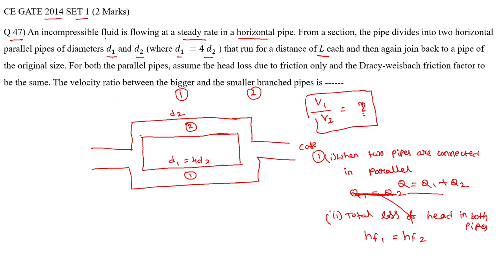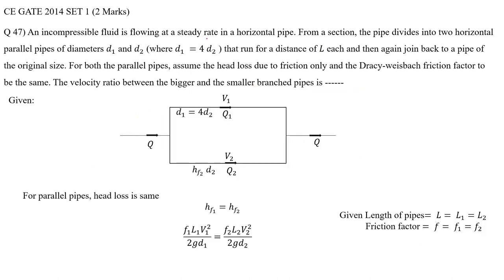This is a 2 marks question, but it hardly requires one step to get this V1 by V2 answer. So just see what I have done here. Suppose this is a schematic diagram of the question. This is the initial pipe, divided into two branches, the first pipe and the second pipe, where D1 equal to 4D2.